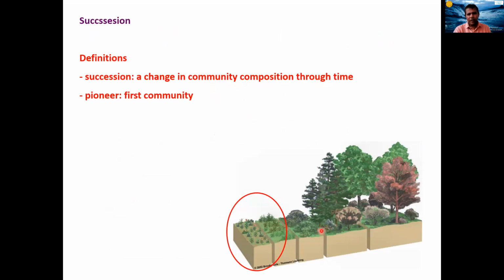In this picture, you can see how it happened over time, starting from a very small plant to a little bit larger plants, further larger ones, and then at the end you will have this kind of community. And this is a usual phenomenon.